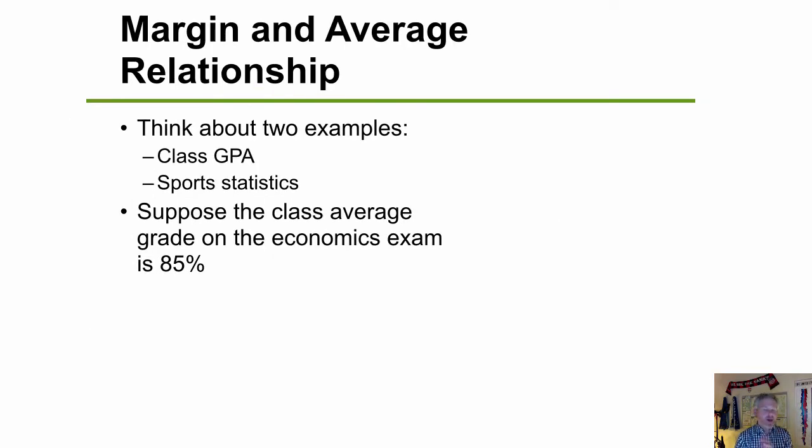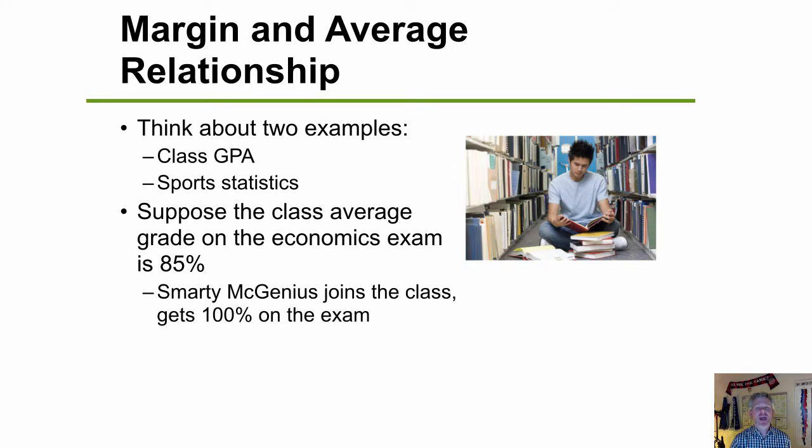A way to think about this that's a little more concrete is to think about two examples: the class GPA or sports statistics. First, suppose the class average on our econ exam is 85%. We don't do percentages in here, but just for this example, suppose the class average is 85%. And then Smarty McGenius here joins the class, and he gets 100%.